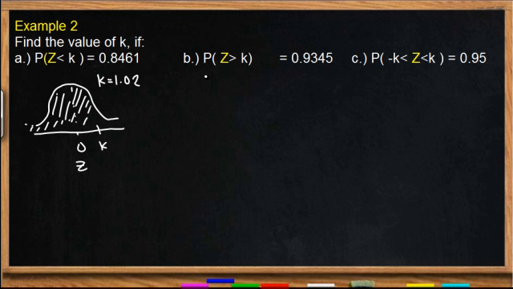How about letter B? The probability that z is greater than k is equal to 0.9345.